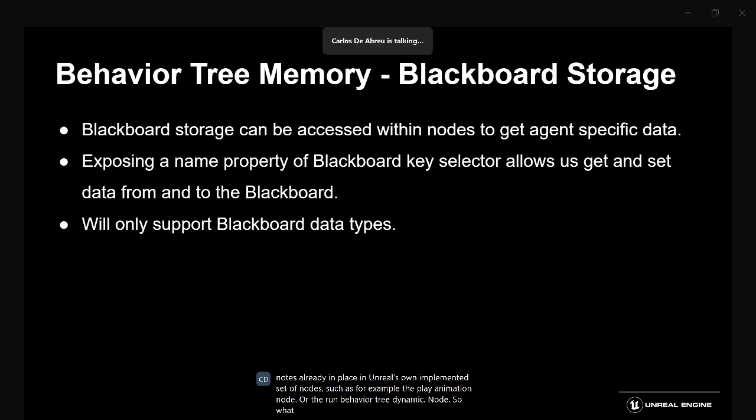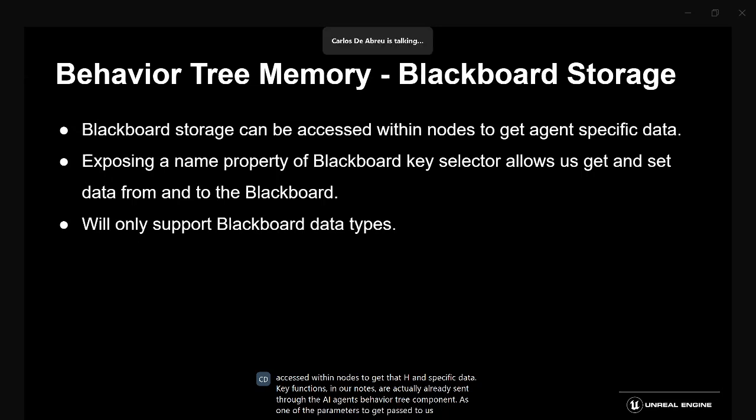So what if we don't want to instance our nodes? Well, the second way that we can get around storing specific agent data is to just use the Blackboard storage. The Blackboard storage can be accessed within nodes to get that agent-specific data. Key functions in our nodes are already sent through the AI agent's behavior tree component as one of the parameters that get passed to us.